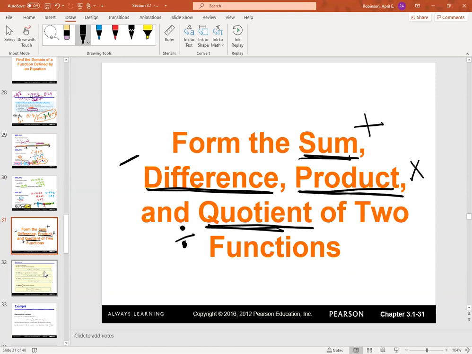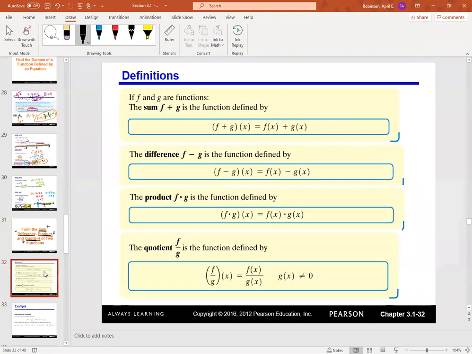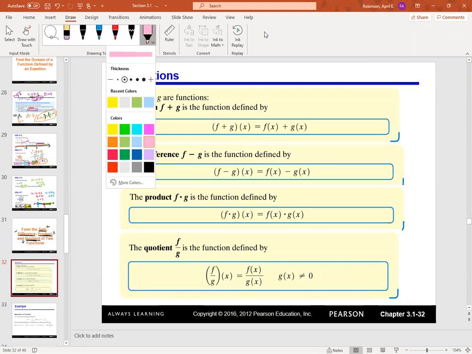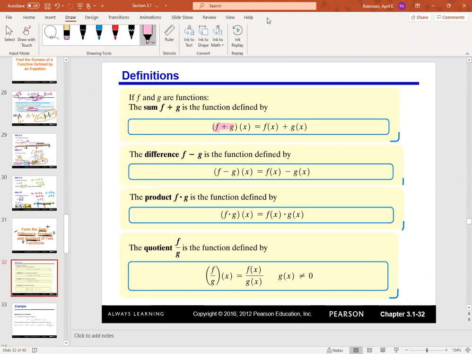Math talk. All right, so if you see, find the sum of f plus g of x. If you see it written like this, f plus g in parentheses of x, it's basically saying take the f of x function and add it to the other function which they've labeled g of x.